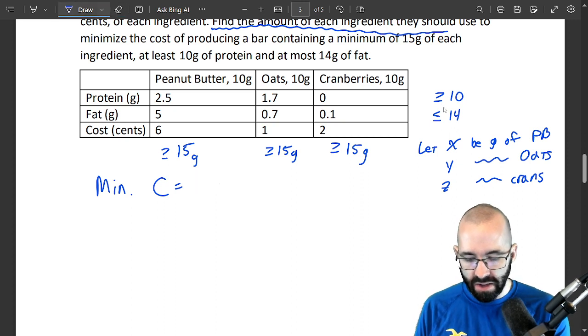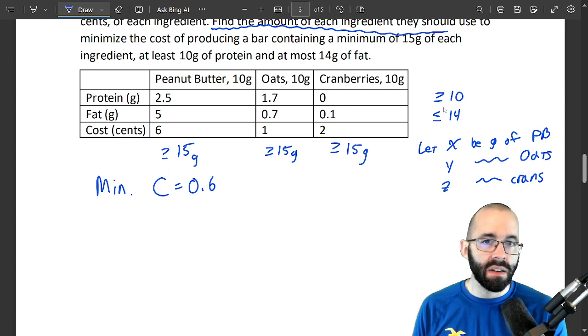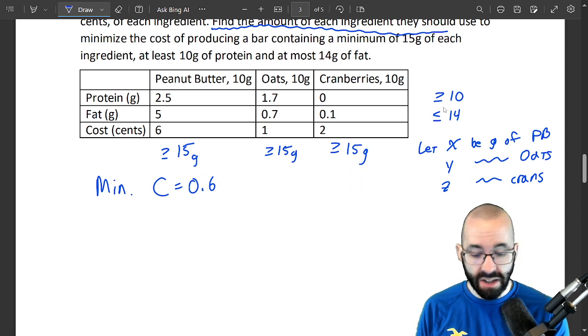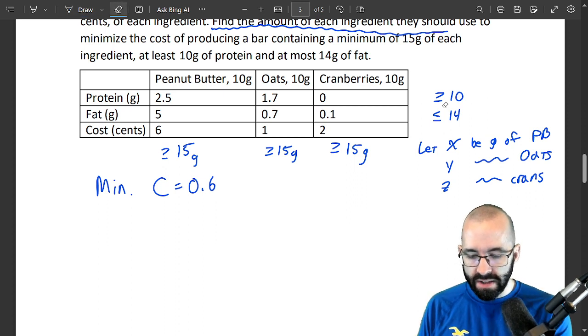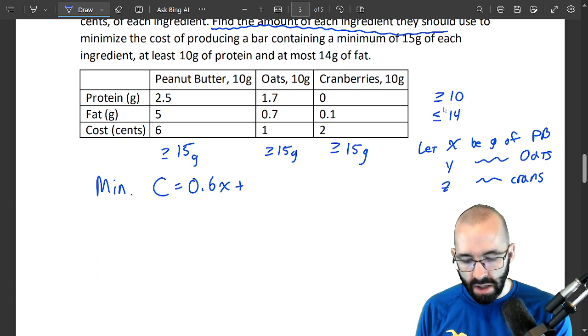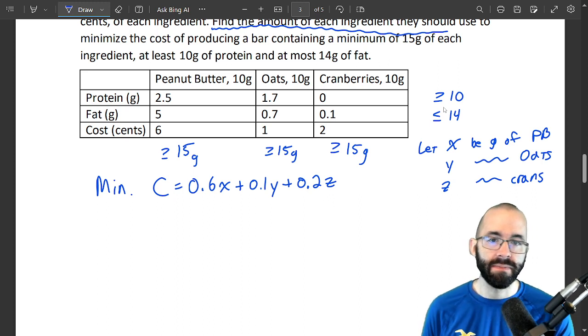Okay, so watch out here. It depends on how you set up the problem. If you had X be how many 10 grams we use, then your C function's different. So it just depends on how you formulate your problem. So C is going to be 0.6 cents for every gram of peanut butter, plus 0.1 cent for every gram of oats, plus 0.2 cents for every gram of cranberries. That's what we're trying to minimize.